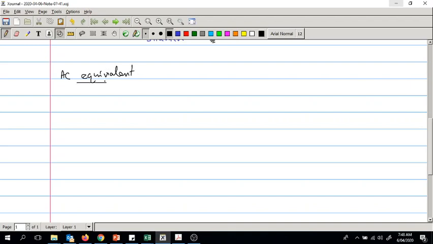If you try to draw the AC equivalent, you have the two collector resistors, as in the construction that you had. I'll first draw one side. It's easier for us to use the common base model in here.